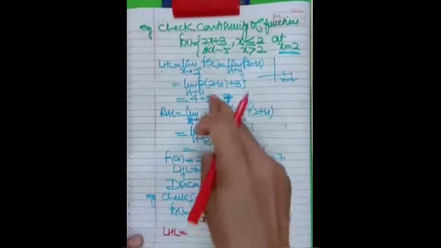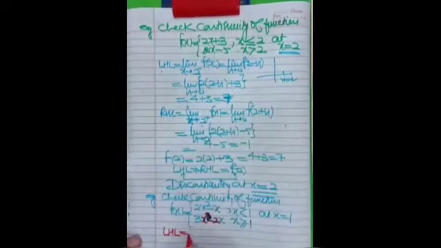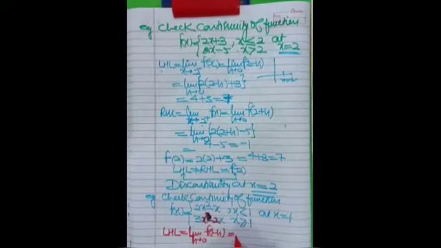Children, I will miss this step, I will go directly. a is here 1, h goes to 0, we will put 1 minus h. LHL means left neighborhood. For left neighborhood we put in this function 2 into (1 minus h) whole square minus (1 minus h). Children, put h is equal to 0, 2 minus 1, we will get 1.